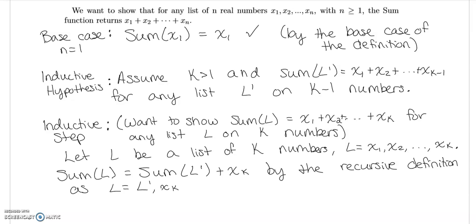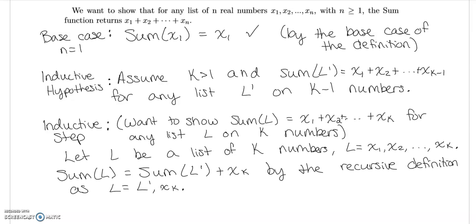L prime was the list x sub 1 through x sub k minus 1. So if we're tacking on an extra x sub k at the end, we can view the list L as the list L prime comma x sub k. By the recursive definition, that's how the sum function is defined to work.